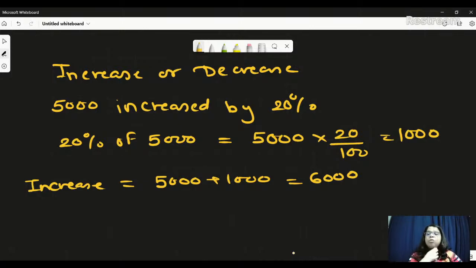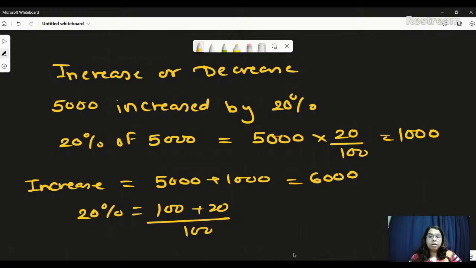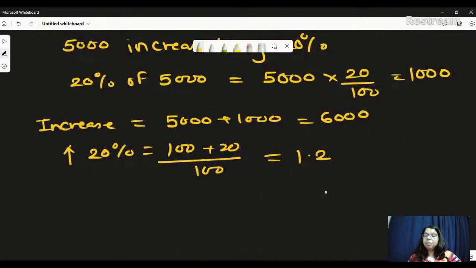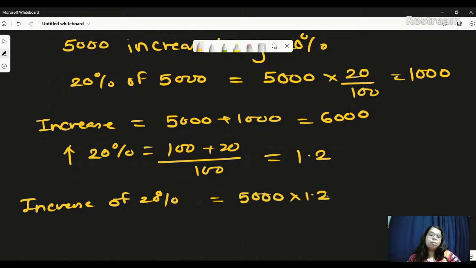Another way is, see, increase of 20% means 100 plus 20 over 100. So that is going to be 1.2. So increase of 20% can also be written as 5,000 into 1.2.